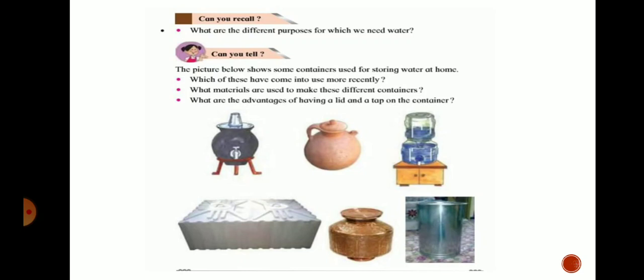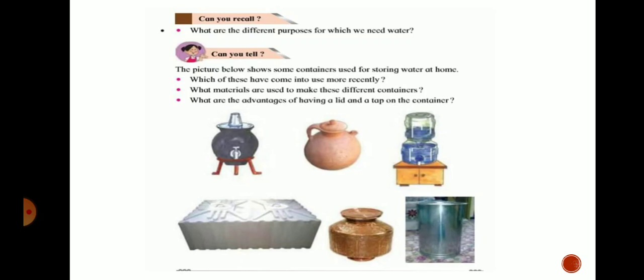Next, what are the advantages of having a lid and a tap on the container? If there is a tap on the pot in which the water is stored, it is easier and cleaner to take out the needed water.